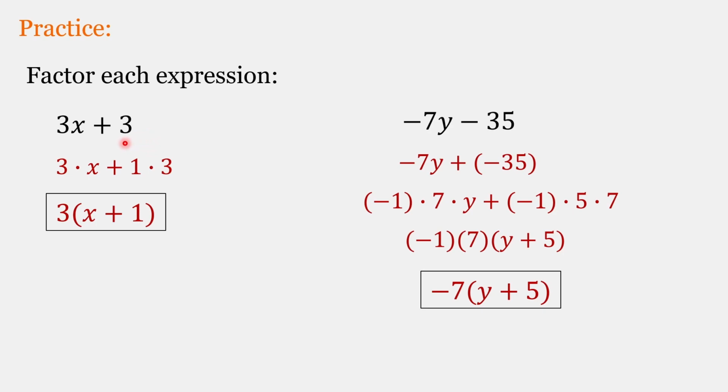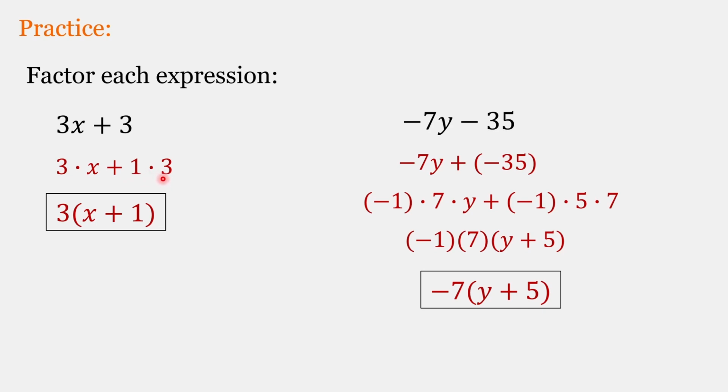For this first problem, we have 3x plus 3. And for the first term, we factor it as 3 times x. For the second term, which is the number 3, I factored it as 3 times 1. Now, although I didn't show it in the other problems we worked on today, 1 is always a factor, because when we multiply a number by 1, we just get that number in return. 1 is a factor for any number.